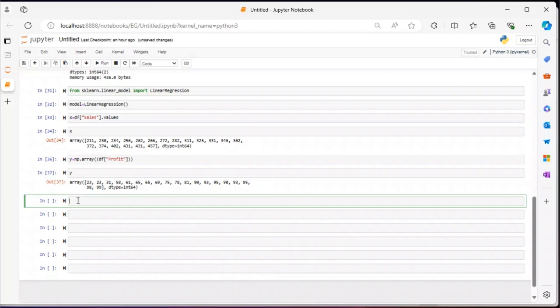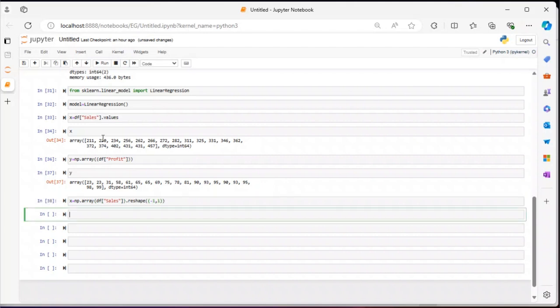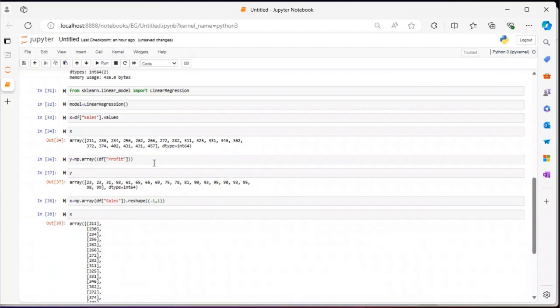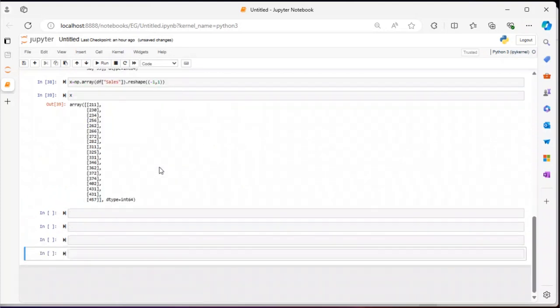I need to reshape these values. Let us take x equal to np.array of sales. What we are doing here is actually a transpose. Now, if you see x, these values look like this.